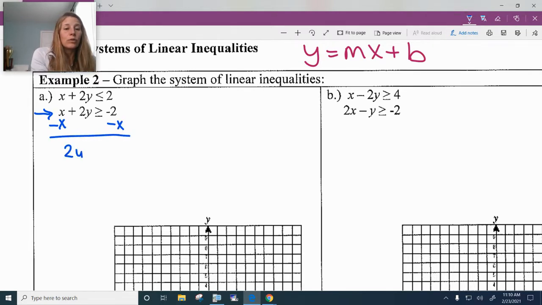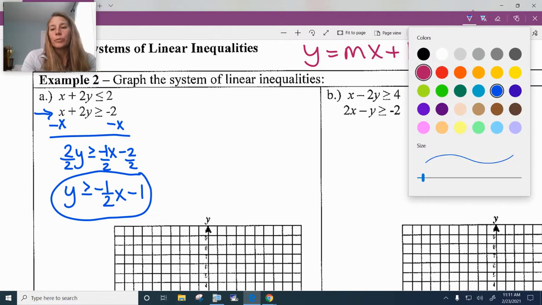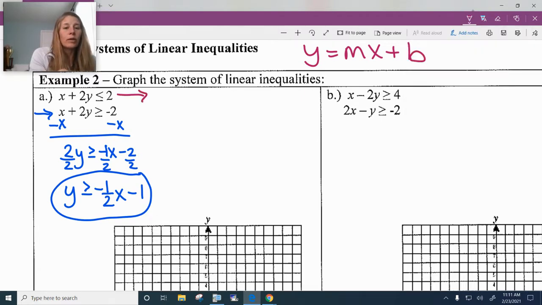So I have 2y is greater than or equal to negative x minus 2. Dividing everything by that 2, I have y is greater than or equal to, now remember this is really a negative 1 here, so negative 1/2 x, and negative 2 divided by 2 is negative 1. So this is my first inequality. And then I'm going to take this one and write it over here so I have some room.